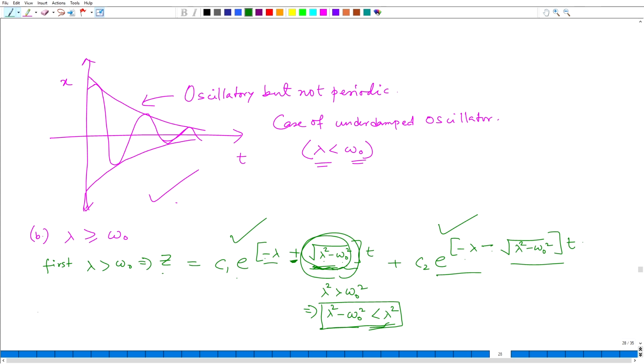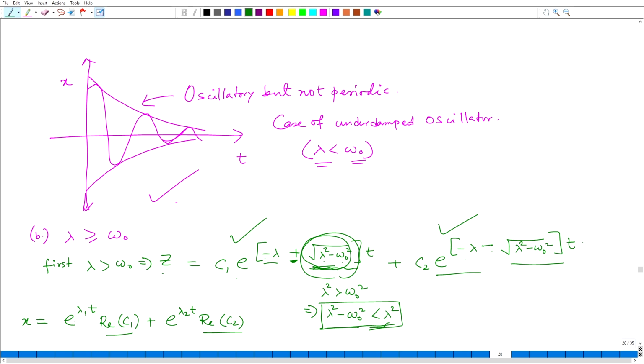Now, what will be x? X will simply be e to the lambda 1 t times real part of c 1 plus e to the lambda 2 t times real part of c 2. This is the real part of c 1 and c 2.